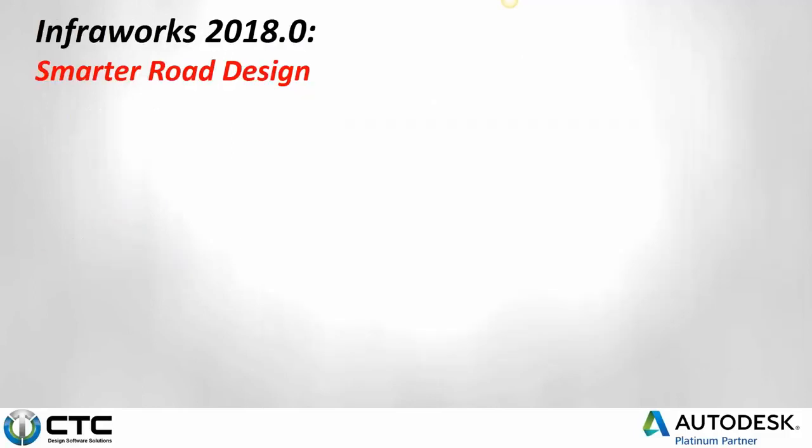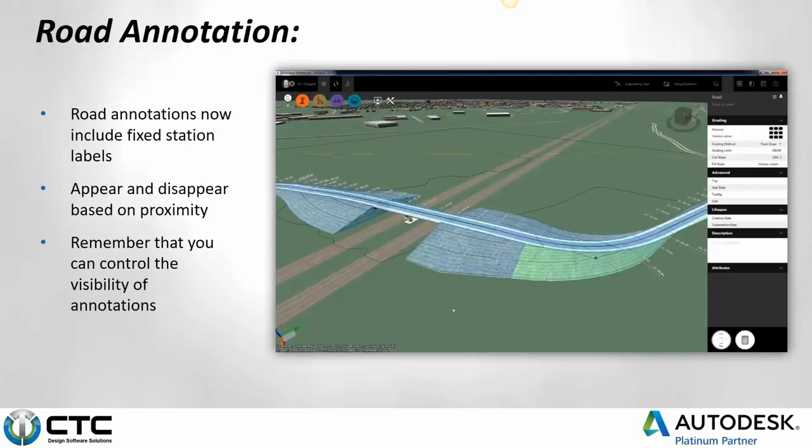Smarter road designs. Topic number 2. The road annotation now includes fixed stationing labels. Before, it showed where there was a PC, a PT, maybe the begin vertical curve section, end vertical curve section, things like that. But now it'll actually show station increments.